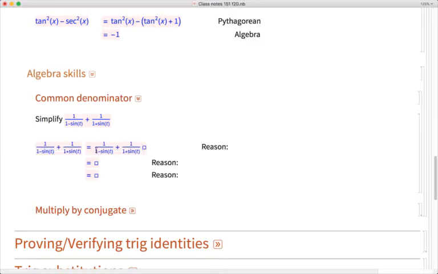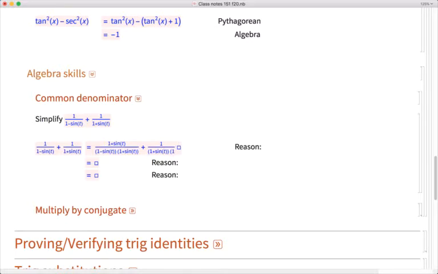That is, the first fraction, we're going to multiply top and bottom by 1 plus sine t. So if we do it to the bottom, we certainly need to do it to the top so we get equality. And for the other fraction, we're going to multiply top and bottom by 1 minus sine t.